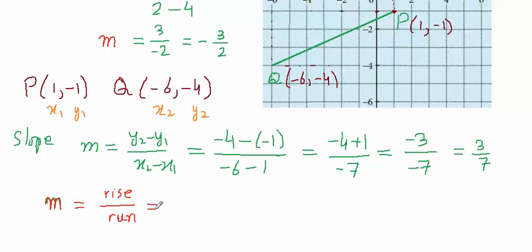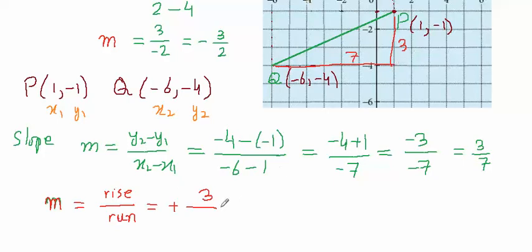So this is positive, and then we'll see what the rise and what the run is. The rise is from here to here. See, this is 1 block, 2 and 3, so 3 units. So rise is 3, and then the run, from here 1, 2, 3, 4, 5, 6 and 7 blocks.